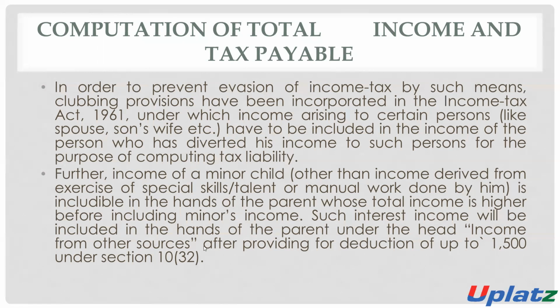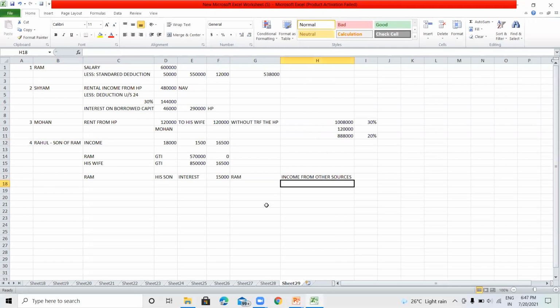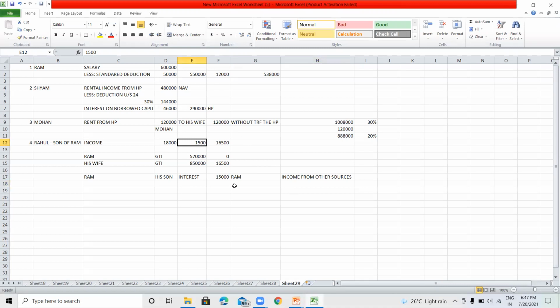Meaning, if Mr. Ram makes a deposit in the name of his son, and he earns interest on it of 15,000 rupees, then such interest will be taxable in the hands of Ram under the head income from other sources, after a reduction of 1,500 rupees.